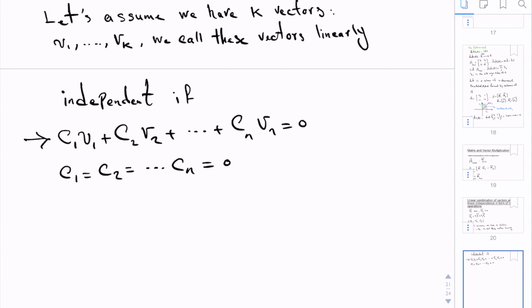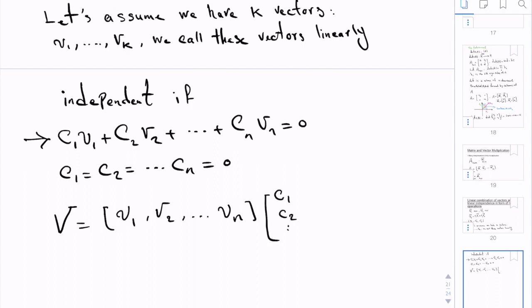And so if I form the matrix V, whose elements are V1, V2, Vn, then this is times these coefficients C1, C2, Cn should be all equal to 0. 0, 0, all the way to 0.